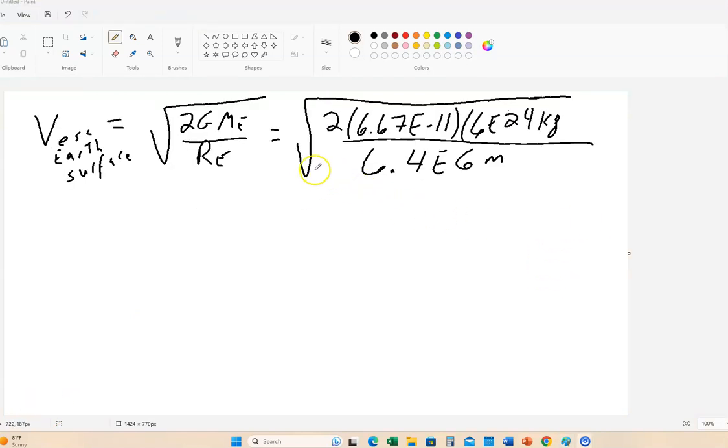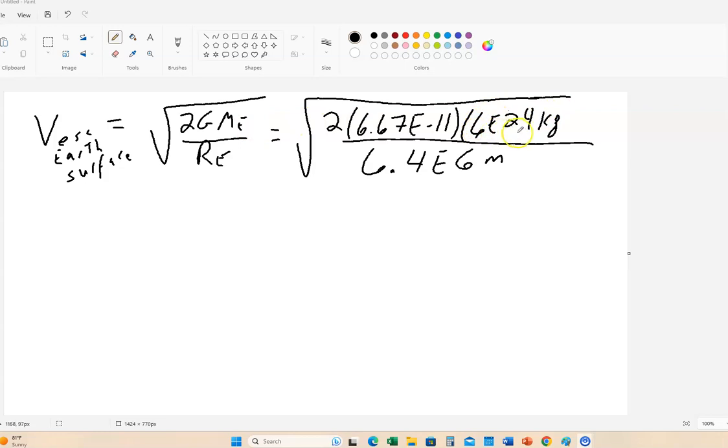All right, I rewrote it. So remember, this is the escape velocity from the surface of the Earth. It's always the square root of 2G, the mass of the object that you're trying to escape, and then the distance from the center. Because you're on the surface of the Earth, R has to be in meters, M has to be in kilograms.